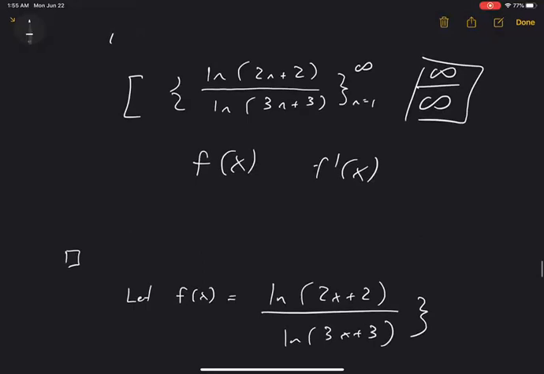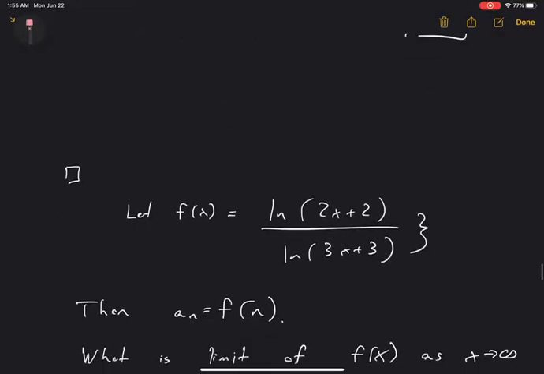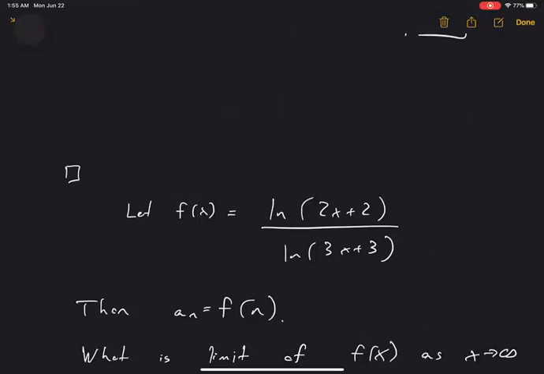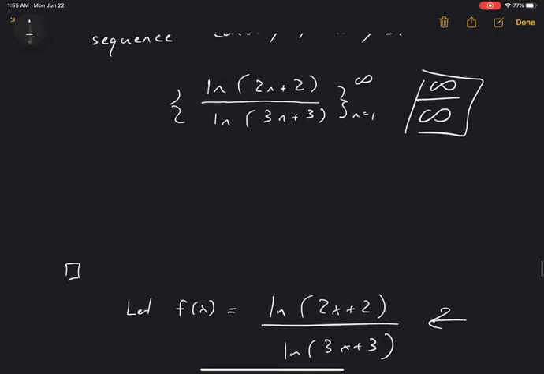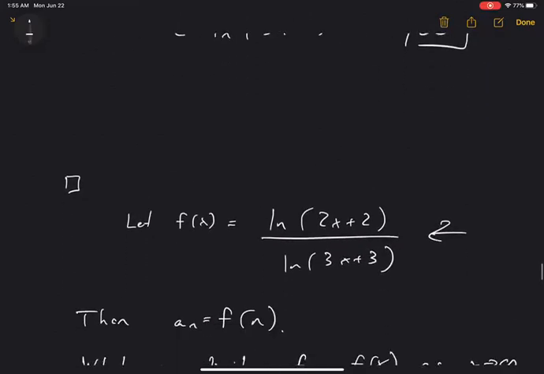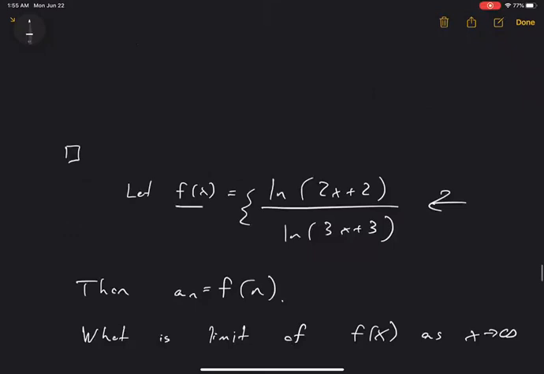But this is a sequence, and lying right on top of this sequence is this function. Basically what I've done is I just replaced my n's with x's. So this gives me a function, right? And then I ask myself, what do I know about this function?